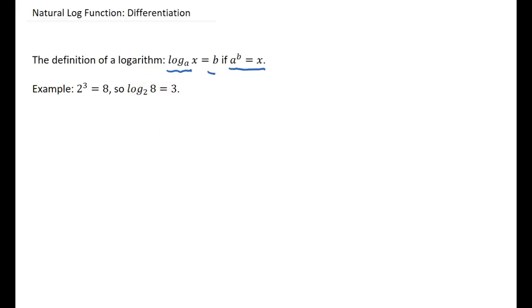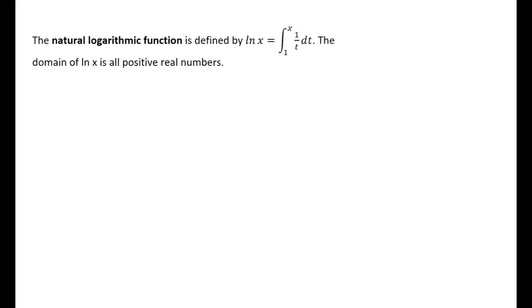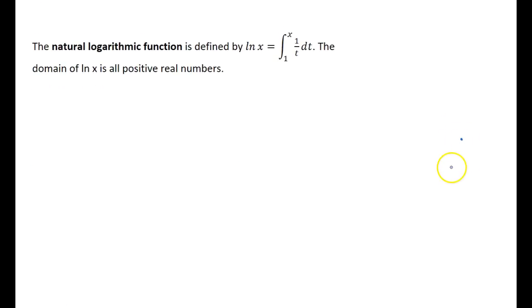Okay, so you may have been told that the natural log function is merely the log of x base e, but there's another way to define it. The natural log function is defined by the natural log of x equals the definite integral of 1 over t dt from 1 to x.